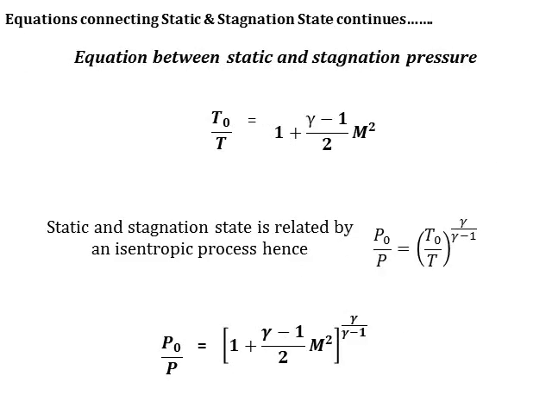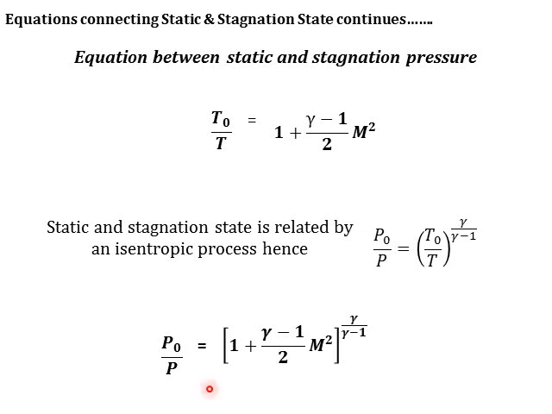Moving on, we will obtain the equation between static pressure and stagnation pressure. We know the relation connecting the static temperature and stagnation temperature, and we also know that the static condition is related to the stagnation condition by an isentropic process.